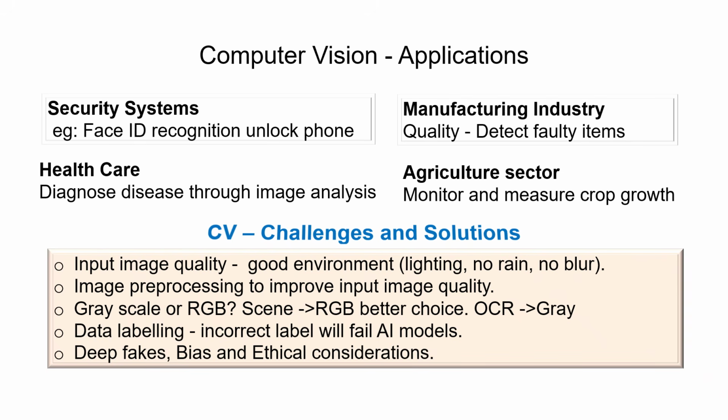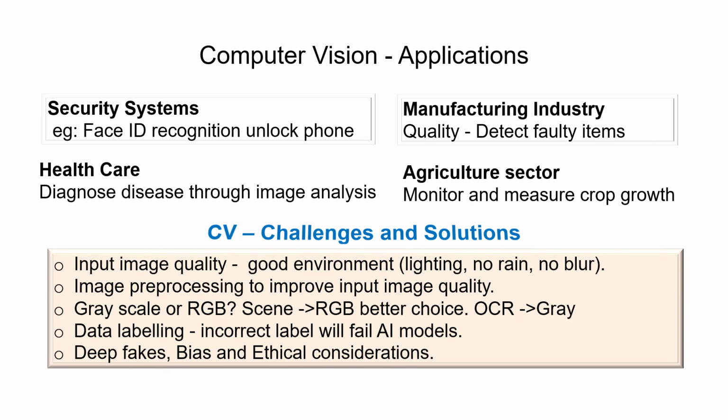If the input images are of poor quality, then image pre-processing helps in improving the image quality by resizing the image, removing blur and noise, and adding edges to objects. Then these improved images can be used for training computer vision AI models.